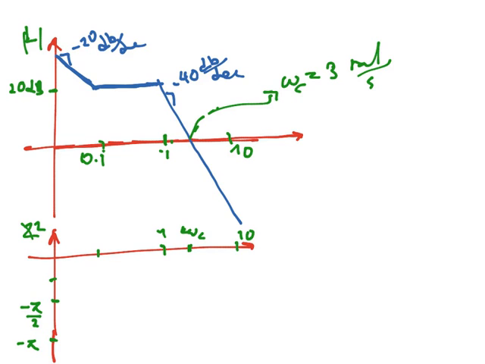So we know that at very high frequencies, again we will have minus π as the phase of the system. This will be roughly the phase that we will get by combining the two phases here.